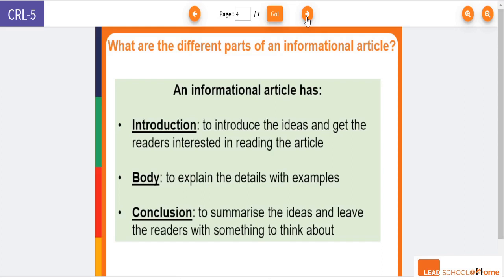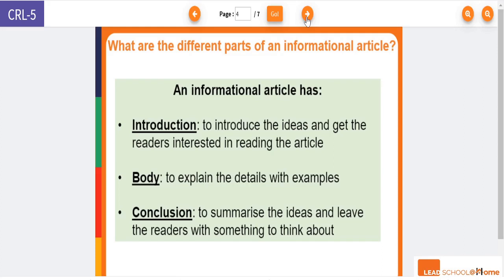A very interesting introduction. The body of the informational article is where we will write down the details and give examples for each of the details that we are providing. And finally, in the conclusion, we will summarize the ideas and leave the readers with something to think about, right?